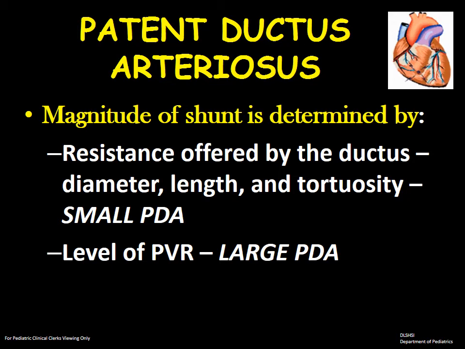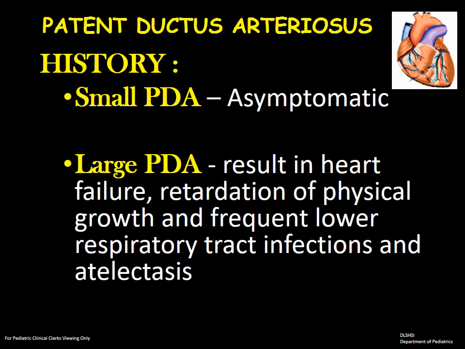And in large PDA, it is dependent on the level of your pulmonary vascular resistance. For its history, small PDA are usually asymptomatic. In large PDA, there are signs of heart failure, growth retardation, and frequent respiratory tract infections.